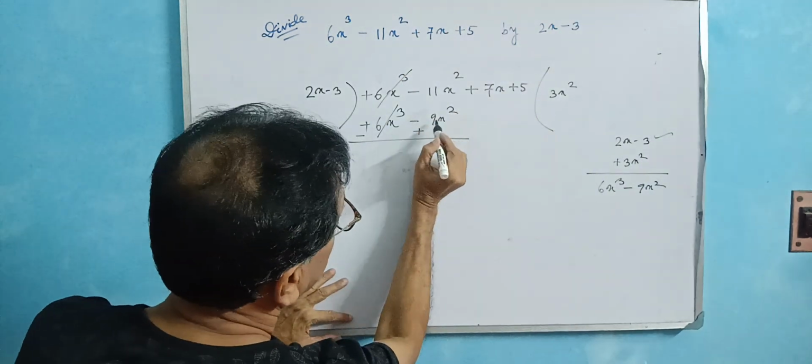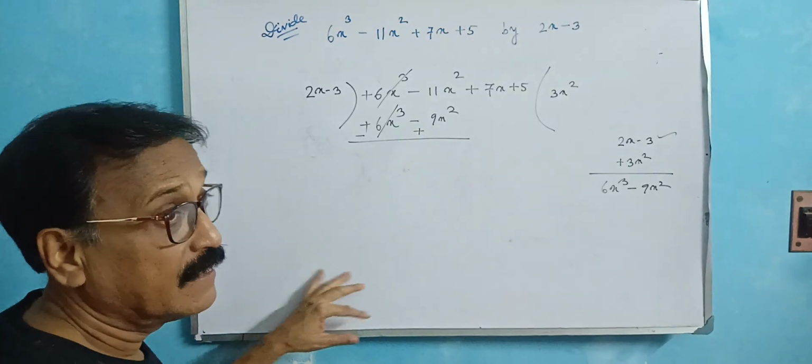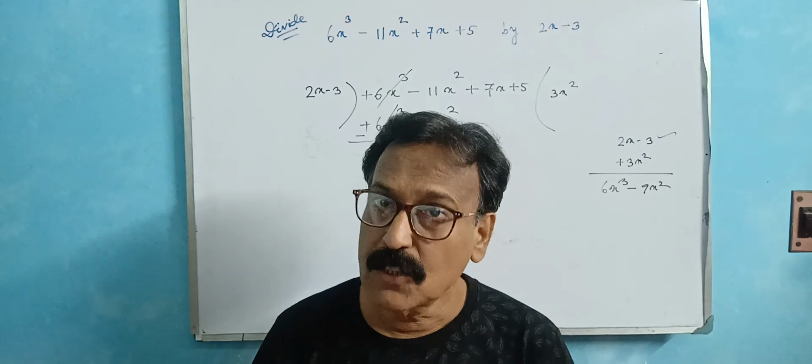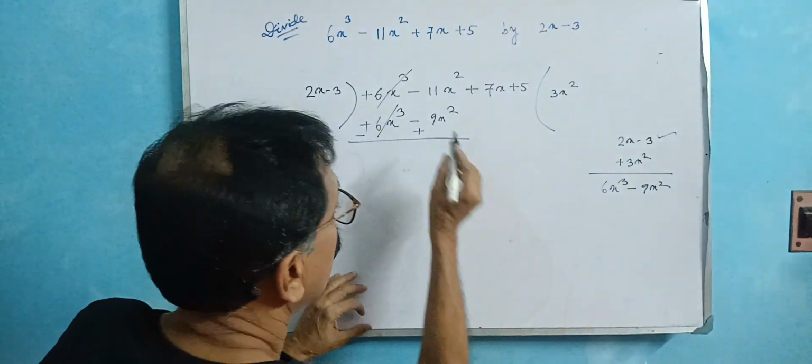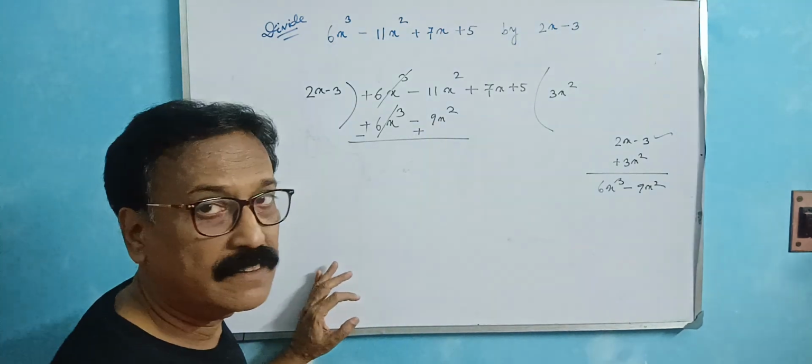Now what is the sign of 9x square? Not minus, plus. This is very important. What is the sign of 9x square? Not minus, plus. Clear?